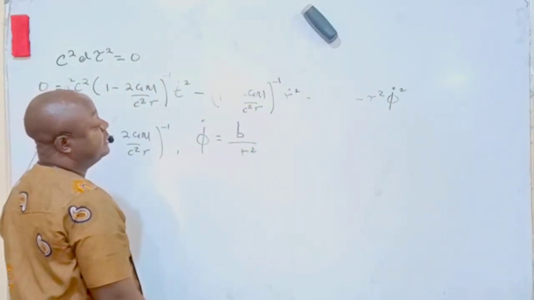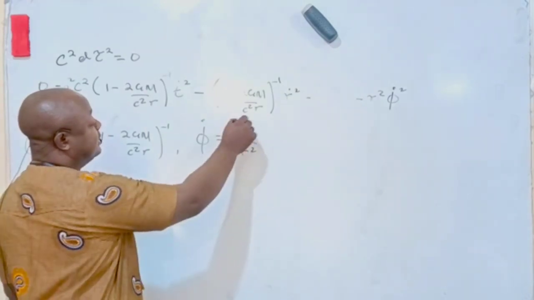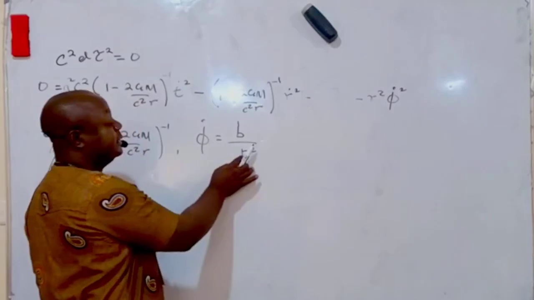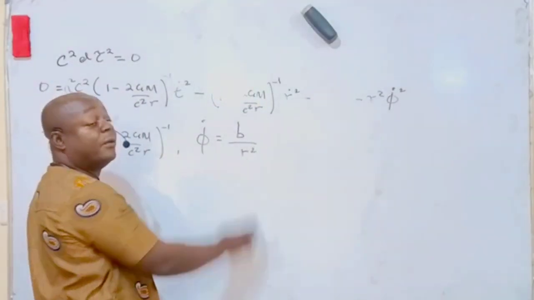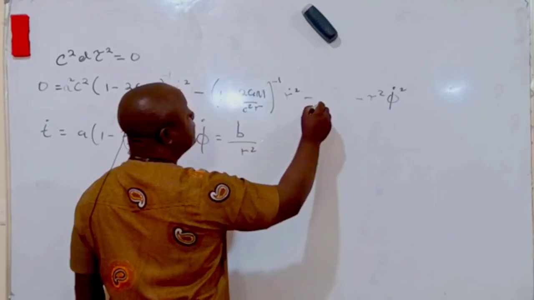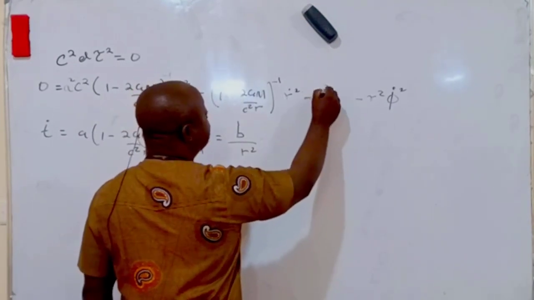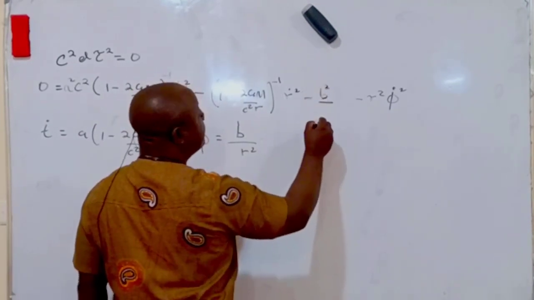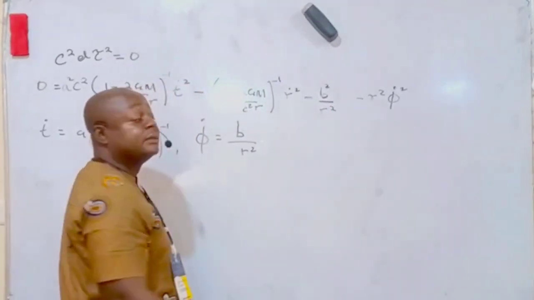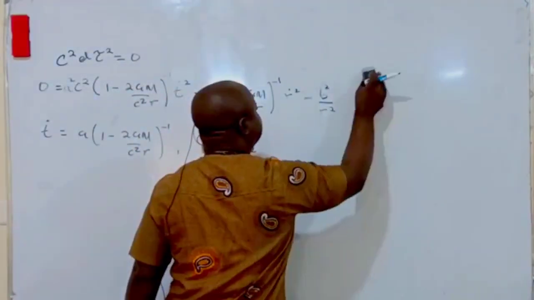Remember this will be squared, since this is squared, and this will be to the power 4. So I'll end up with minus B squared over r to the power that. Is that not?